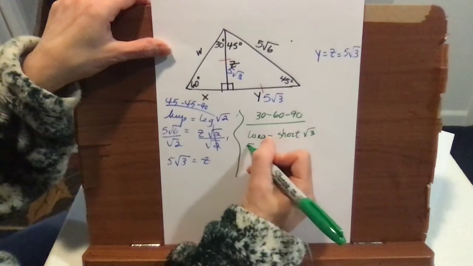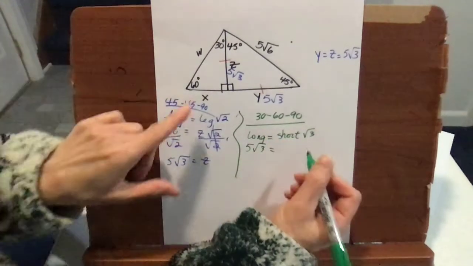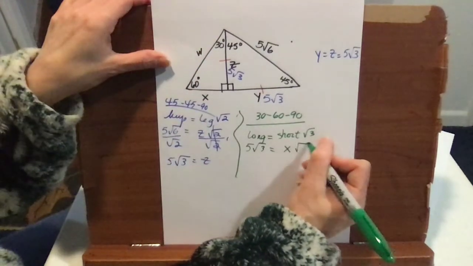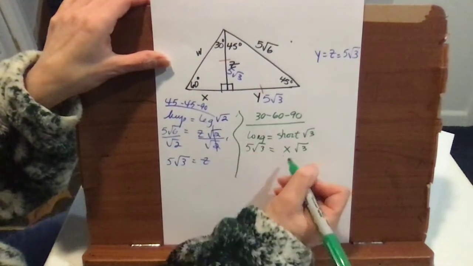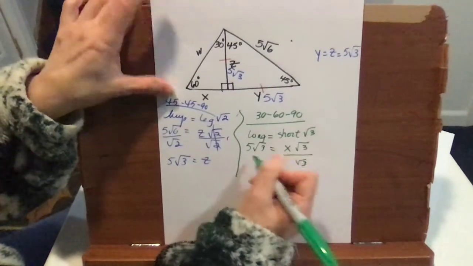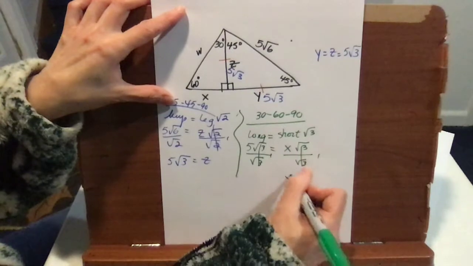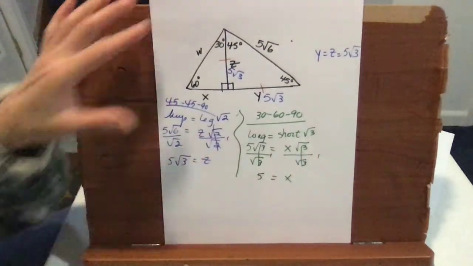So our long leg is 5 root 3. Our short leg is x, because it's opposite our 30-degree angle. If we times it by root 3, we get the long leg. So we divide by root 3. And x equals 5. So that's pretty nice.